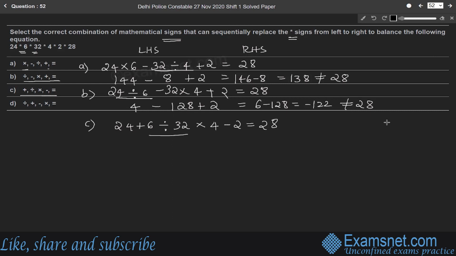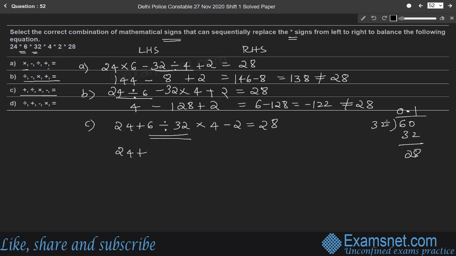According to BODMAS, the division part should come first, that is 6 by 32. 32 into 1 is 32.